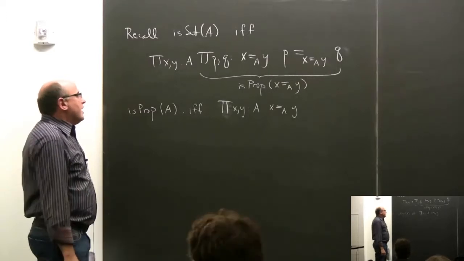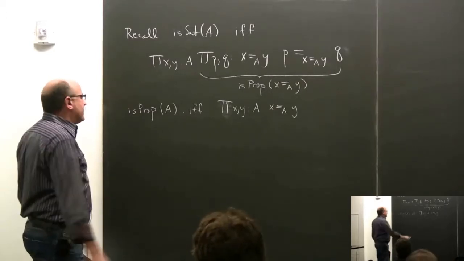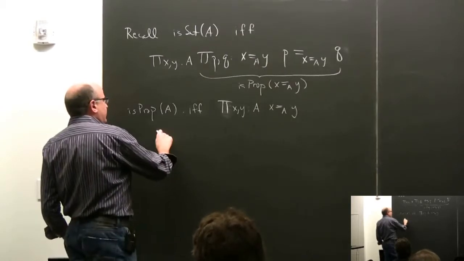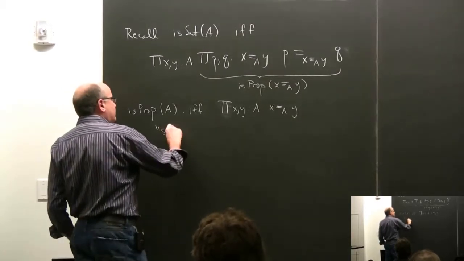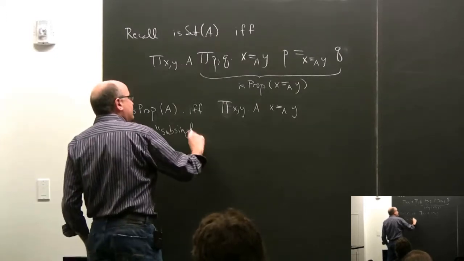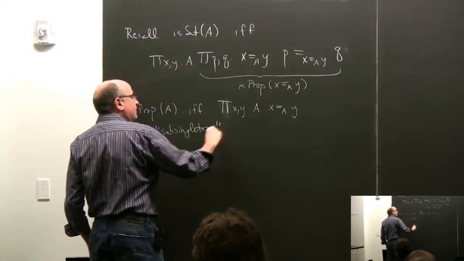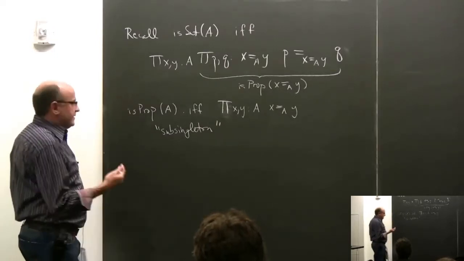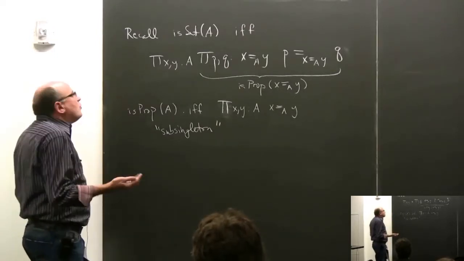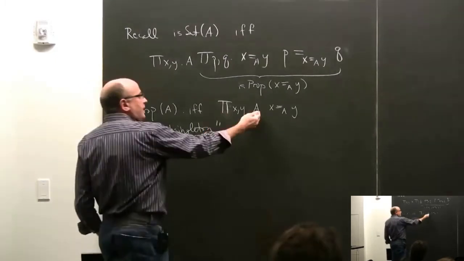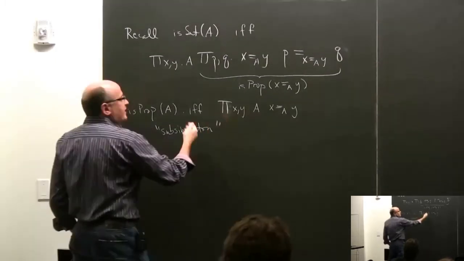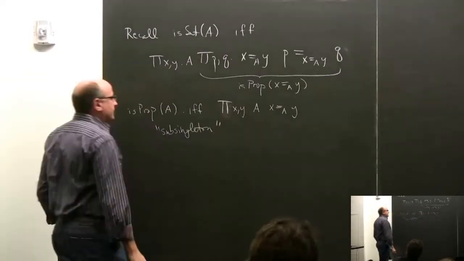So I think we discussed this, yes, we did. You could describe this as being a sub-singleton, which is the idea that there's at most one element of the type A, because any 2 of them are equal, at least up to higher homotopy.